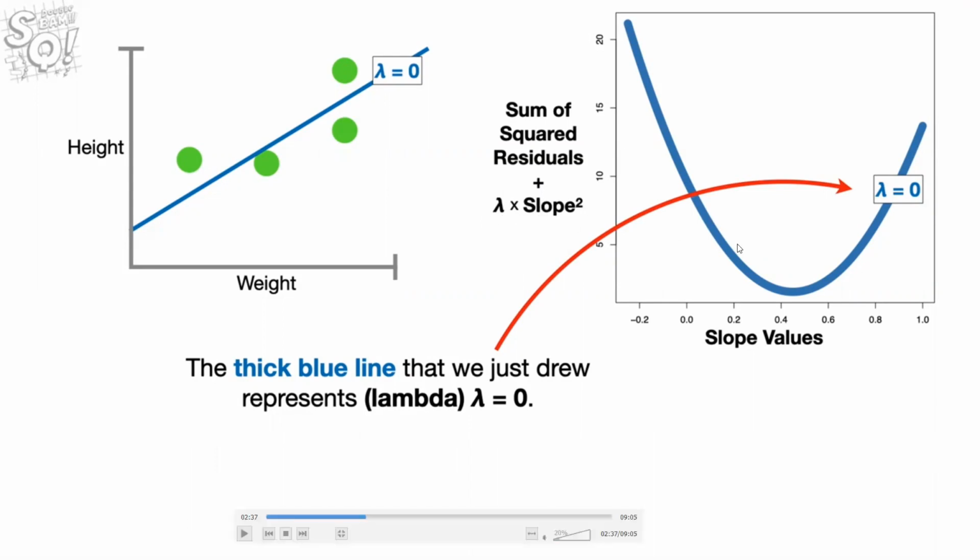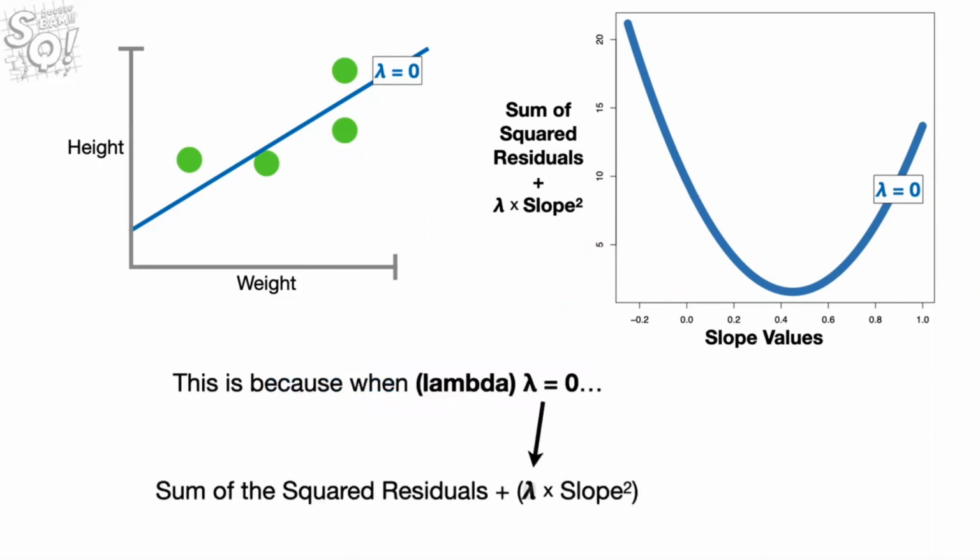So if lambda is equal to 0, basically you'll get the same curve over here. If for lambda equal to 0 you keep changing your slope, you'll get the same error as you are getting in the case of linear regression, because for lambda equal to 0 we are totally neglecting this penalizing term, right?